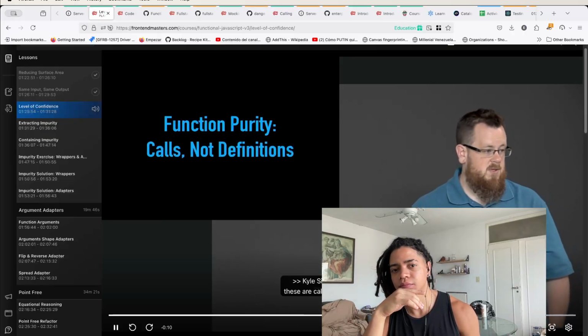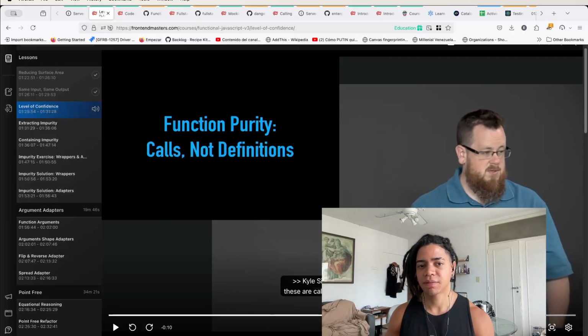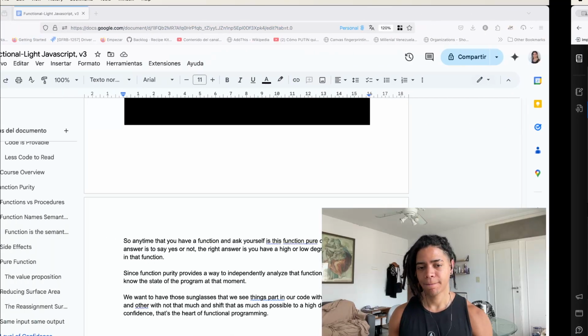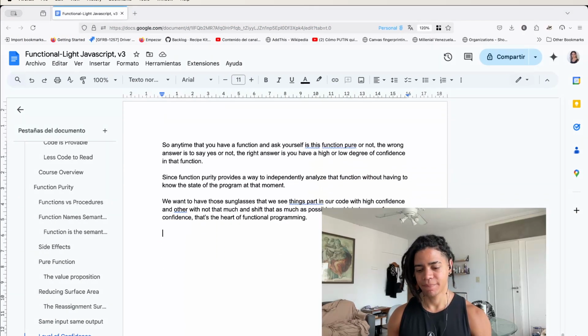And remember, function purity is about calls, not definitions. Remember, function purity is about calls, not definitions.